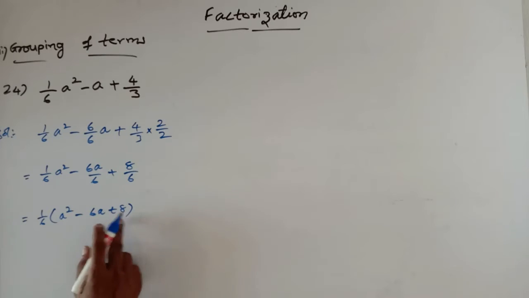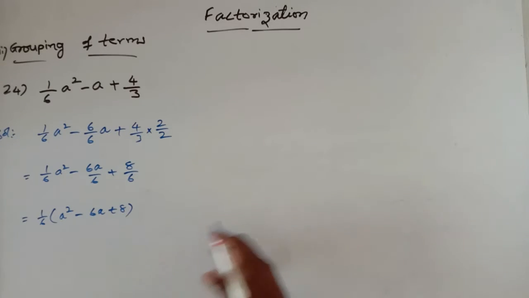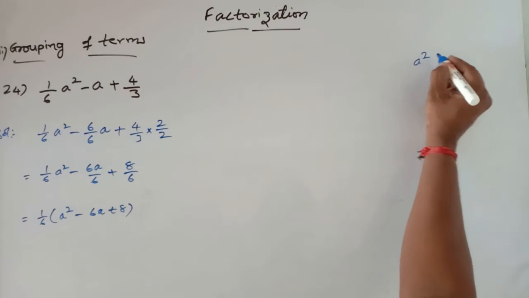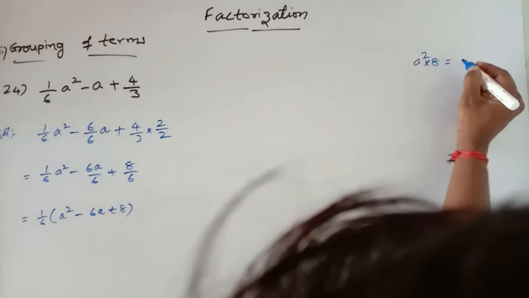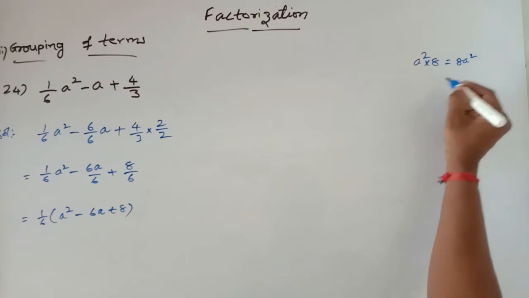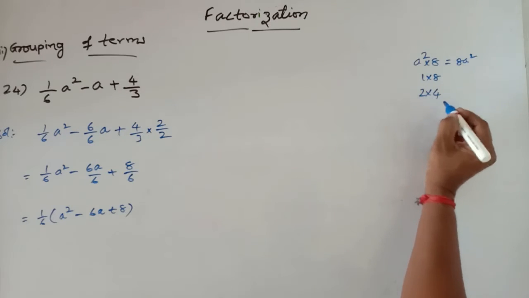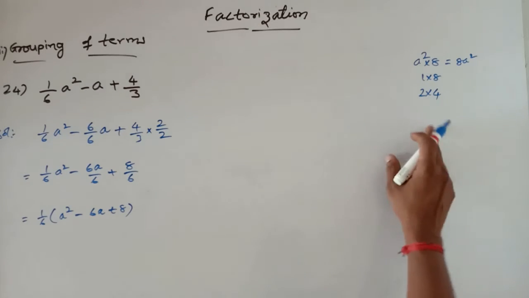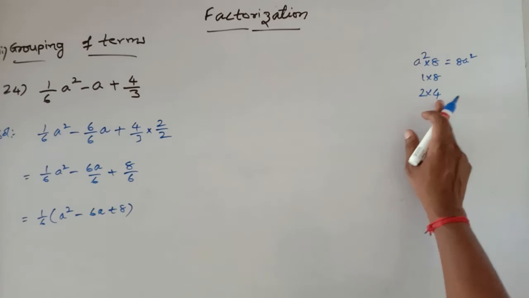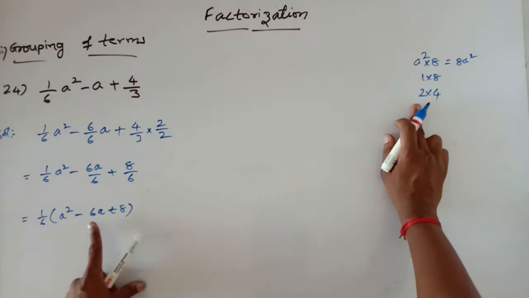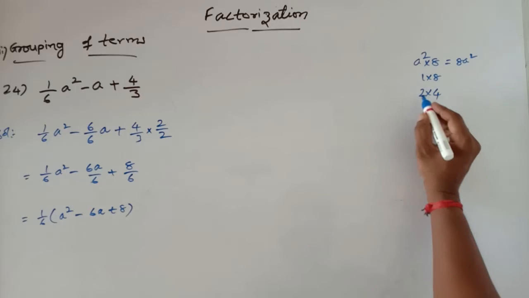First term should be multiplied to the last term because already it is in order. That is a square into 8 is equal to 8a square. What are the factors of 8? 1 into 8, 2 into 4, and next 4 into 2 reverse. So here I need to get minus 6. The middle term is minus 6.